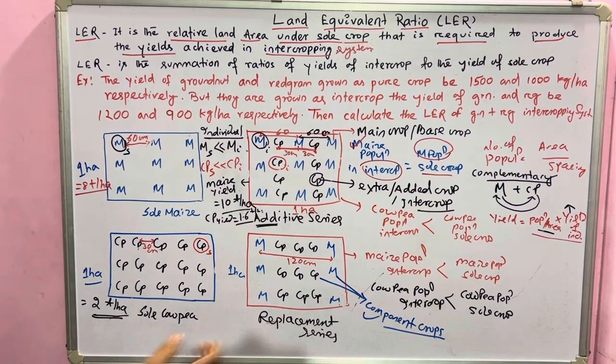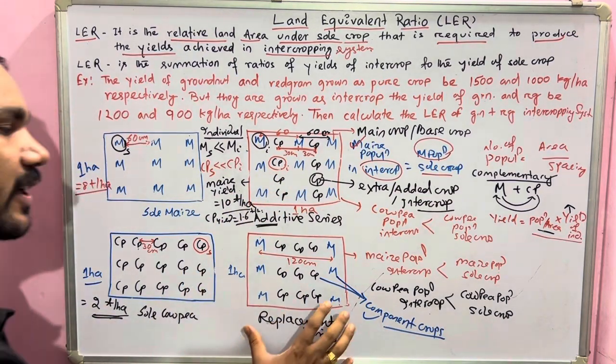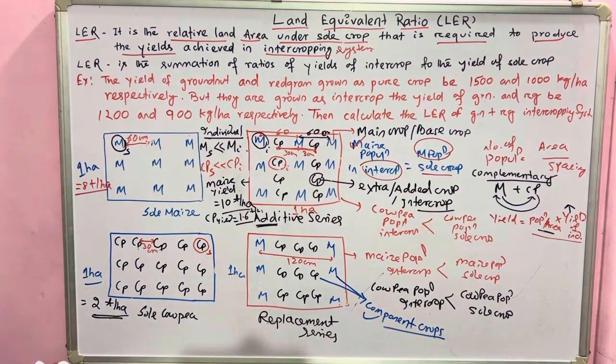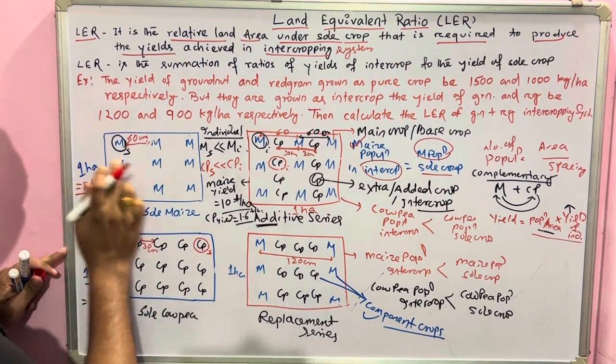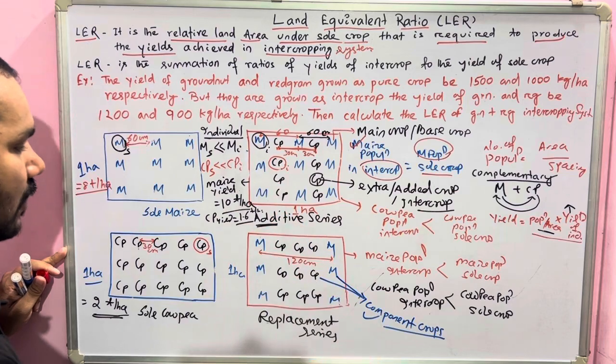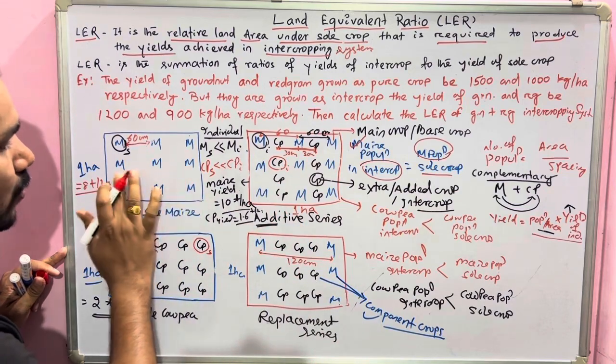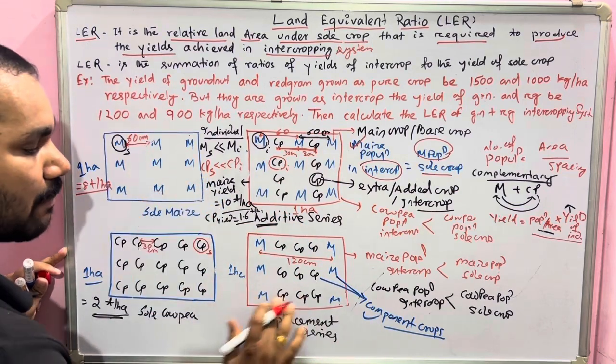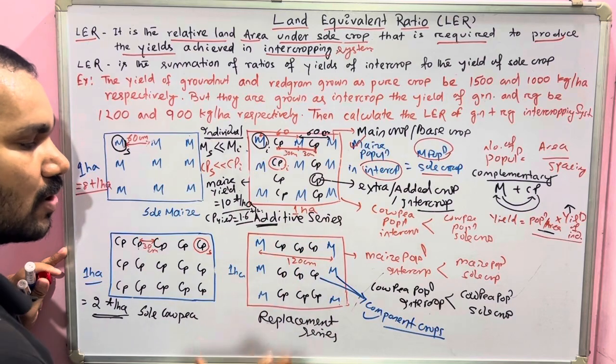Okay. Coming to replacement series, it is also very simple. The same principle will be applicable here also. First of all, we will see the population. Tell me the population of maize in sole crop and in the replacement series. Which one is smaller?